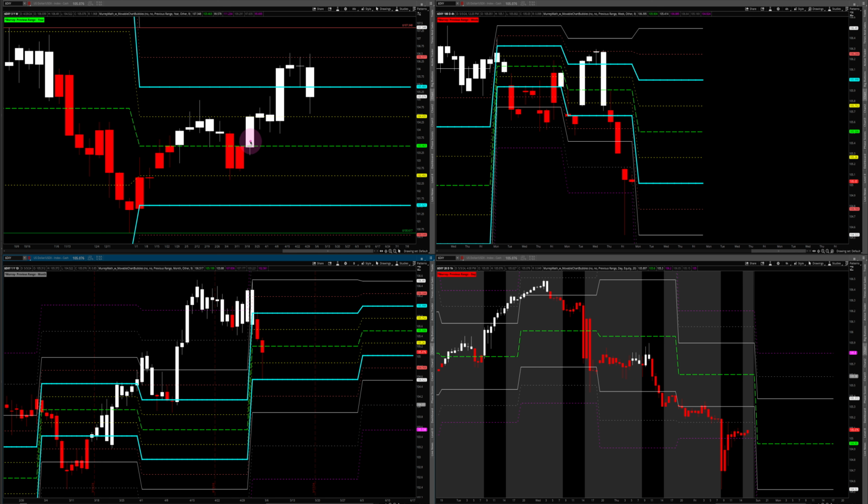I'm looking at time frames. I just got confused. So this is the yearly in regards to the midpoint. This is the monthly, which I use on the daily. And then on the 4 hour, I use the weekly. And then on the daily, I use the 1 hour. So that's the setup.